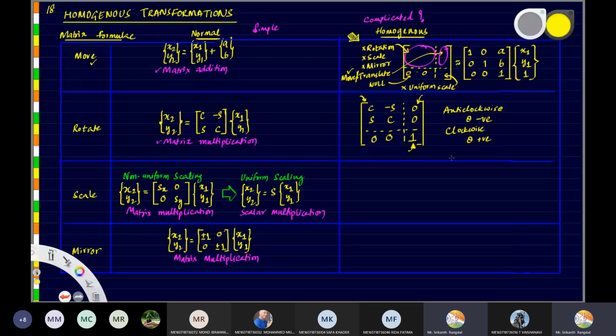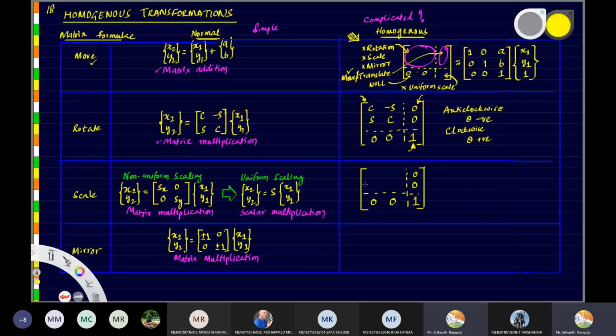Next, let us go for the scale. So the scale formula we have written here. Now we have to write the same formula in homogeneous format. Once again, we will get a 3 by 3 matrix. Let's just divide this here like this. We are not doing any uniform scaling, so that is 1. This is always the null matrix. We are not doing any translation or movement, so movement will also be 0.